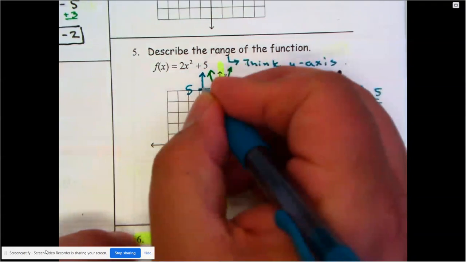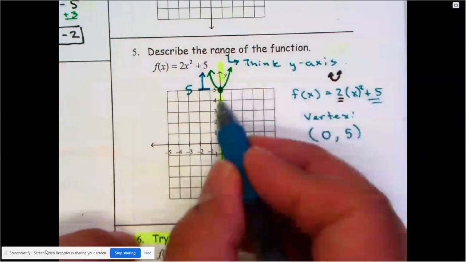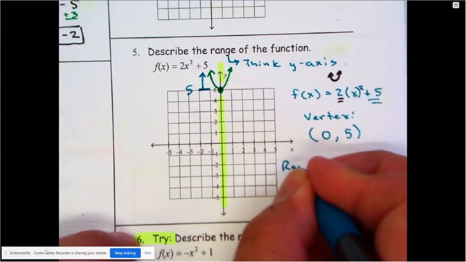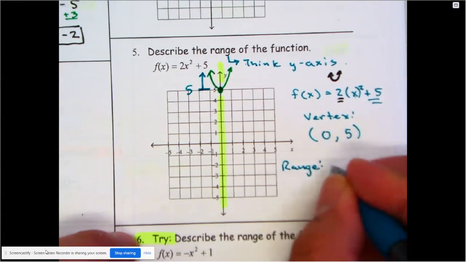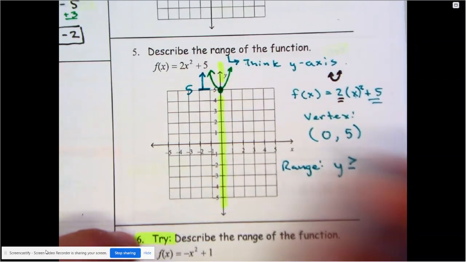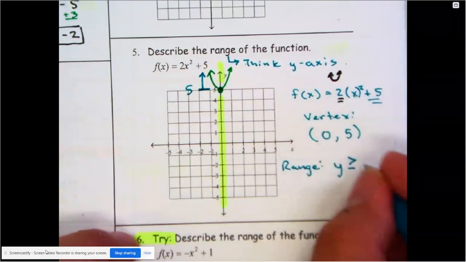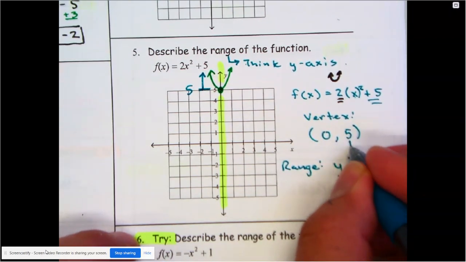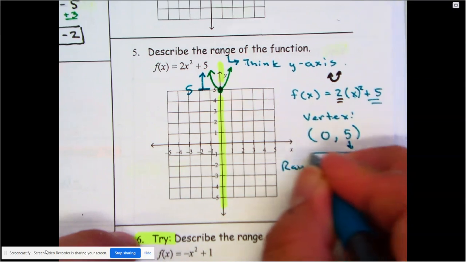And so if my graph exists everywhere above it, but there's no graph below, that is why we say that the range is only when my y's are greater or equal to, because I do make contact there, to the number 5. So your max and your min are actually going to help you out with the range as well.